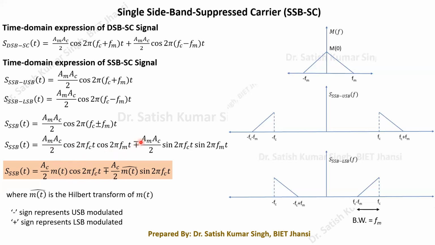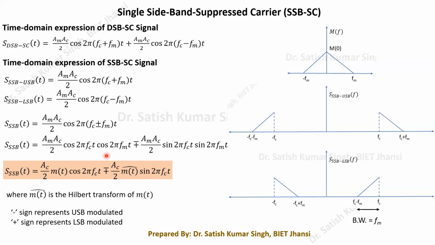Then this sign is minus plus, and then Ac by 2, and then again this will be represented by m cap t, where this m cap t represents the Hilbert transform of the message signal m(t), whose function is to provide 90-degree phase shift. I'm not writing the definition of the Hilbert transform, but you remember that it is a Hilbert transform. You can find the mathematical definition in any of the books.